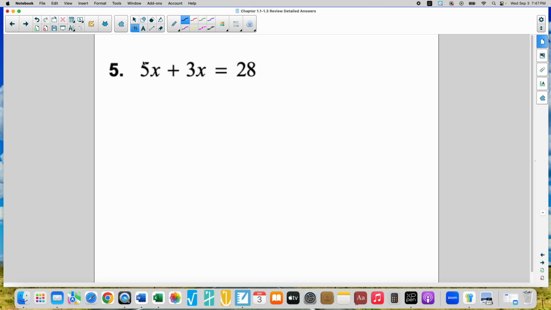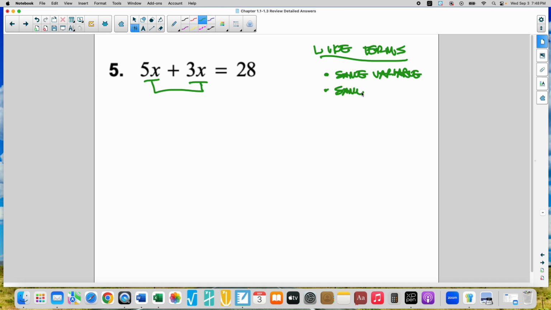All right. We can simplify because these are like terms. Remember, like terms have two criteria in common. One, same variable, to the same exponent.